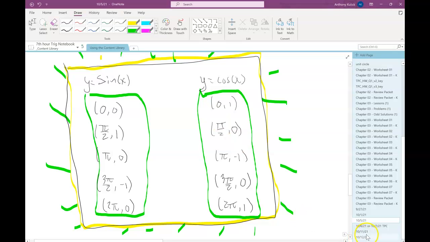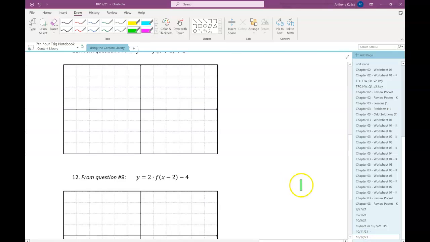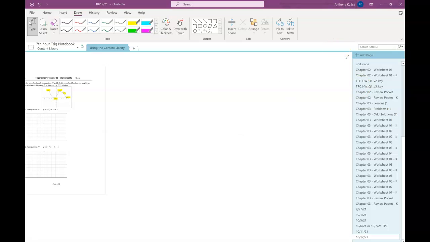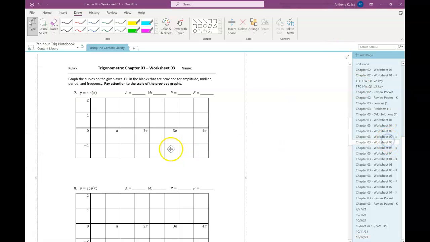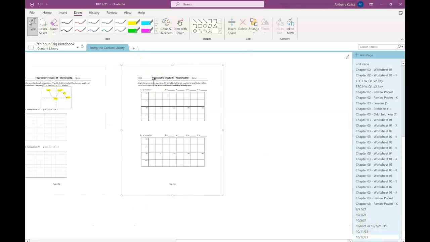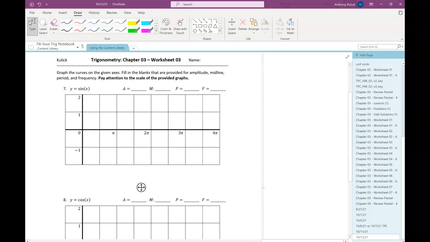So for example, let me grab one of those. For sine, the key points were 0, 0.